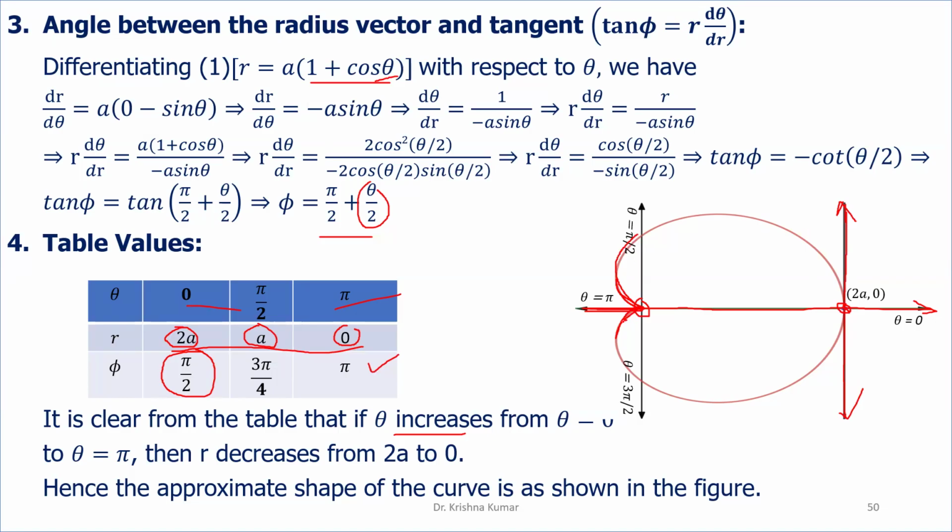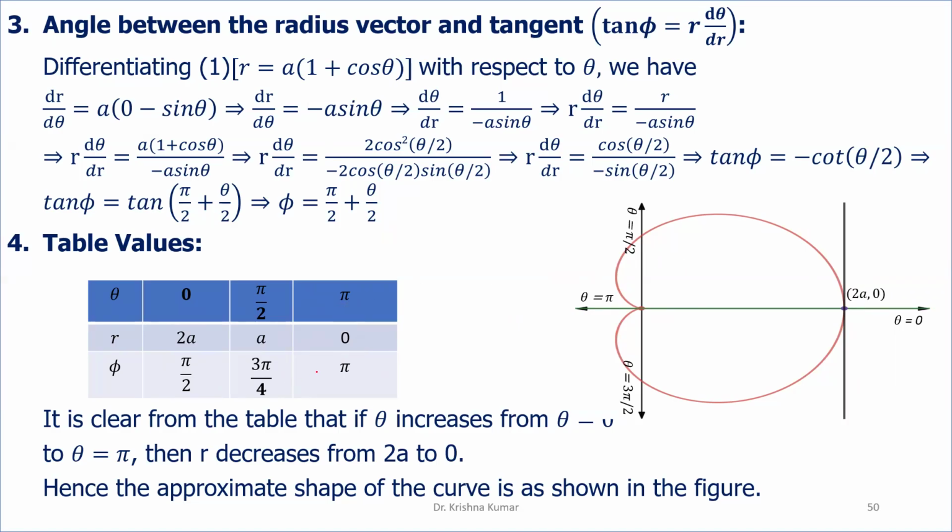And another thing, let us take the other point. If we put theta equal to pi by 2, what is the tangent? 3 pi by 4. At this point, the tangent is like this.